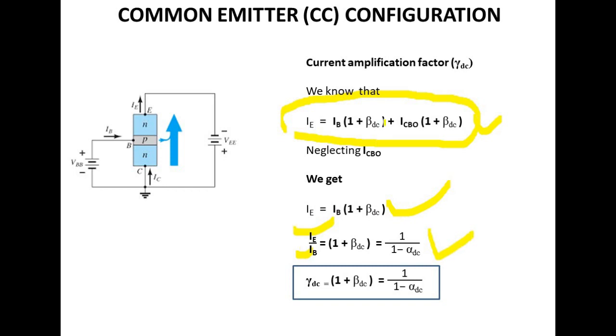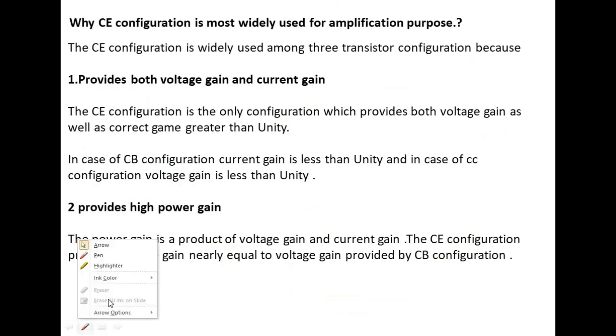So this will be the current amplification factor gamma DC, because current amplification factor is the output current upon input current. Output current is IE, input current is IB. So we have got the current amplification factor gamma DC as 1 plus beta DC or 1 by 1 minus alpha DC.